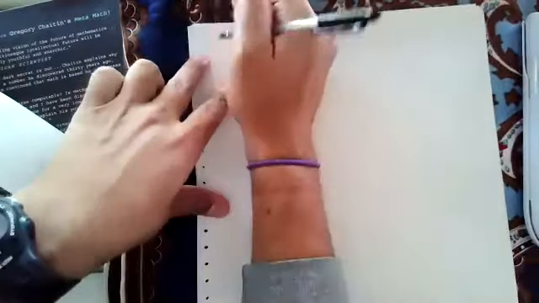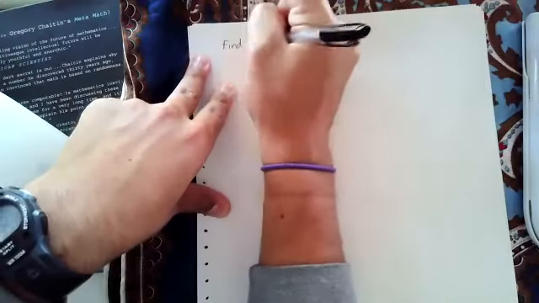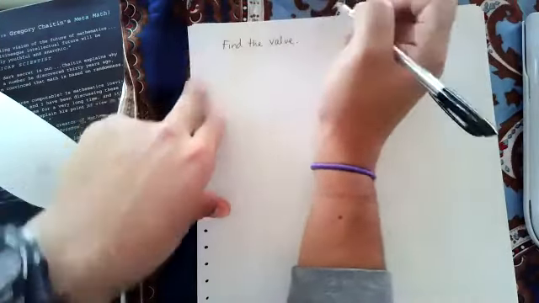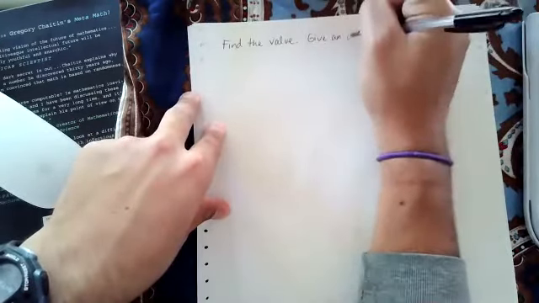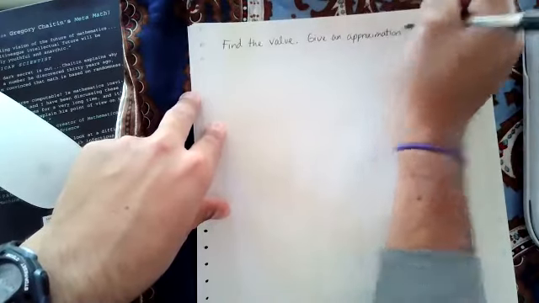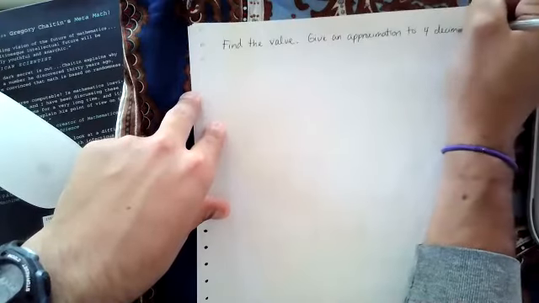So what we need to do is look at a couple of problems that just say simply find the value, which is another way of saying evaluate. Give an approximation to 4 decimal places.